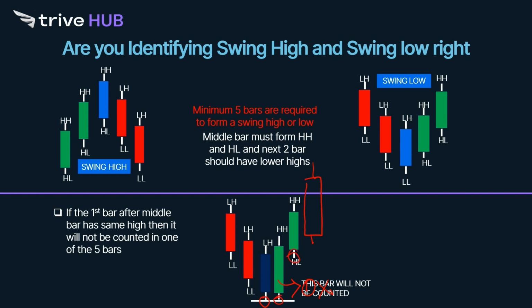We need the next 2 bars to form a higher low structure, okay? So this will require 6 candles to form a reliable swing low or swing high, okay? So this is just a variation.